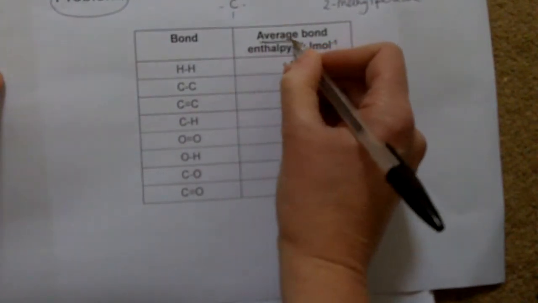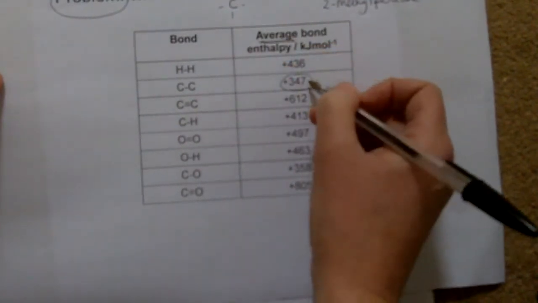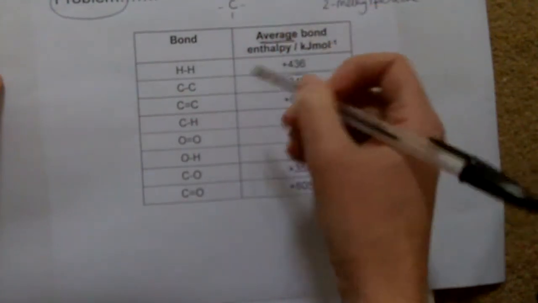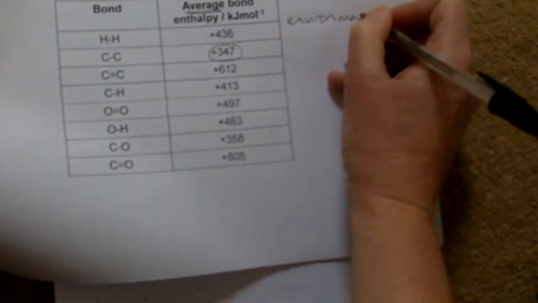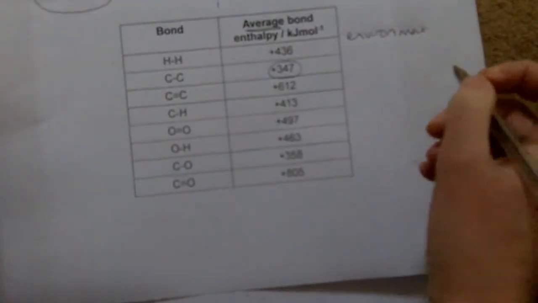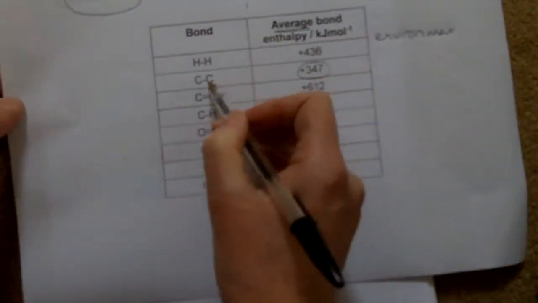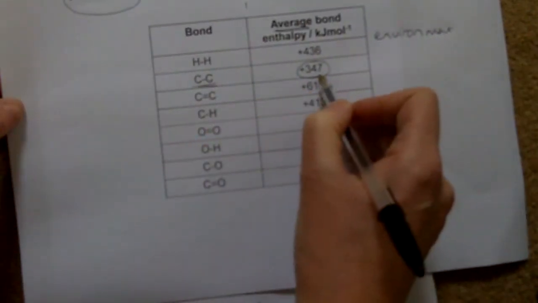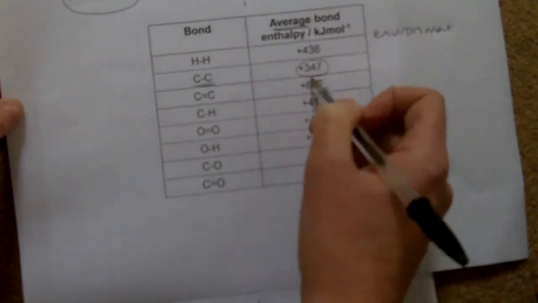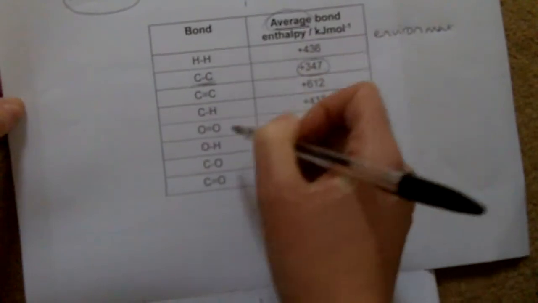But this is an average bond enthalpy, because each C-C bond, depending upon its environment, will have a slightly different strength. So this is just an average for all the C-C bonds. It's an average value, but each bond would actually have a very slightly different strength. Sometimes we use the word average.